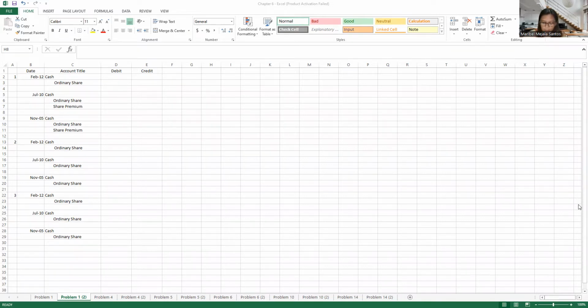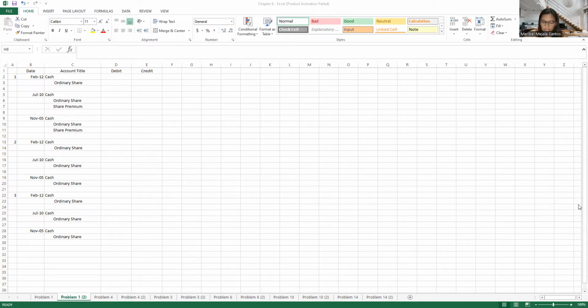I'll read the problem. You may read it silently. Then let's try to answer. ROA Corporation's articles authorize the issuance of 100,000 ordinary shares. ROA sold the following ordinary shares during 2018. We are required to prepare journal entries to record its issuances, assuming the following.